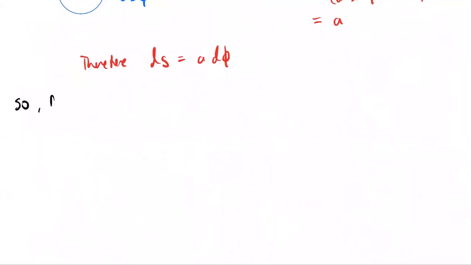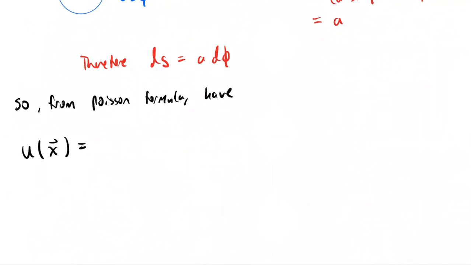Right. So from the Poisson formula, we have u of r theta. Now we're viewing r theta as just the vector x. And so this is equal to a squared minus r squared over 2 pi. Let me just copy the formula and then we'll start plugging in.